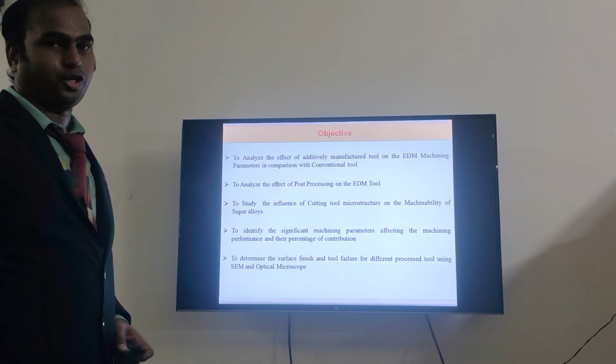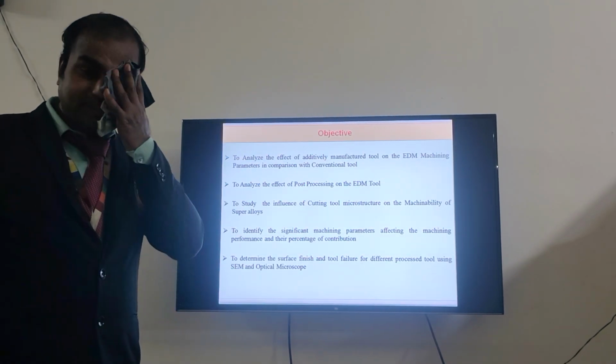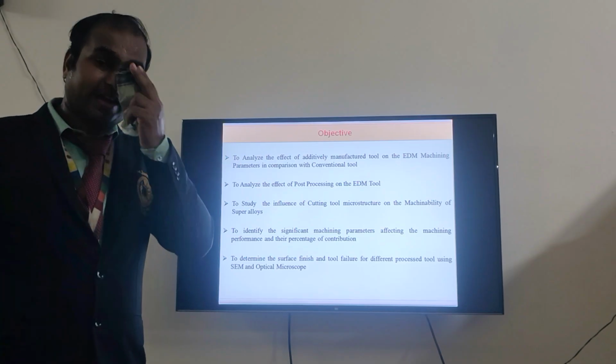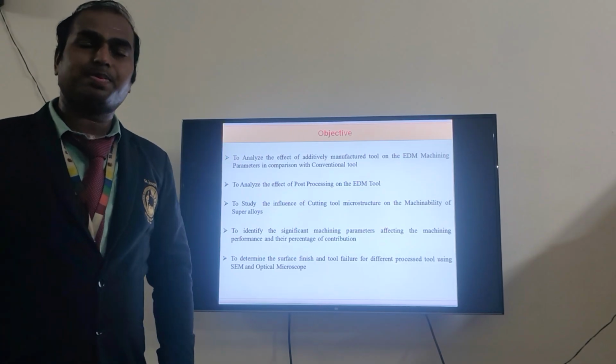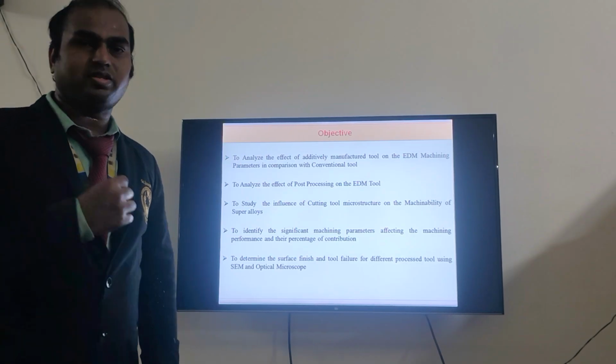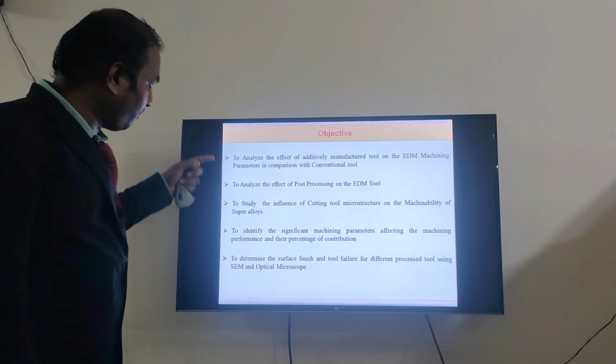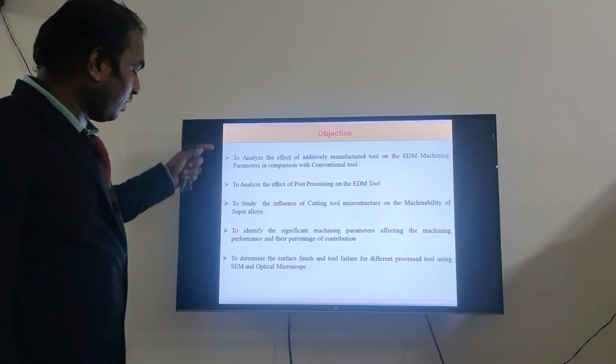So next is the objective. Normally many researchers have categorized 3D printers versus conventional. In this session, I will be very precise on this. The following are the objectives.